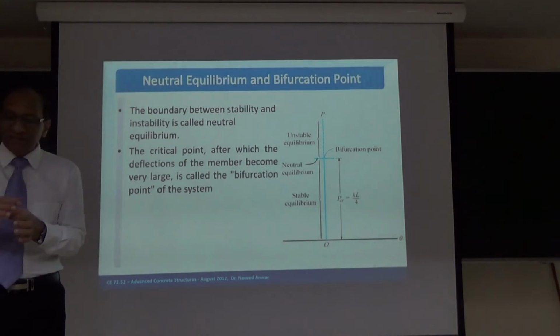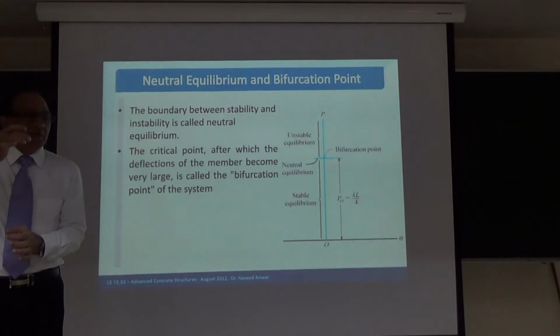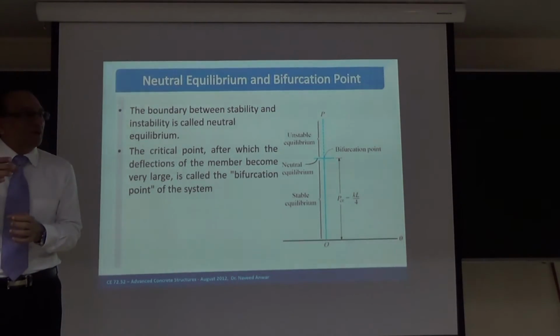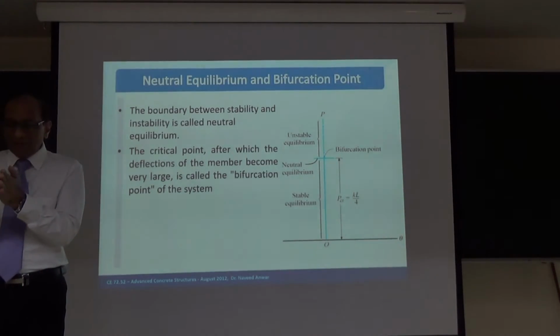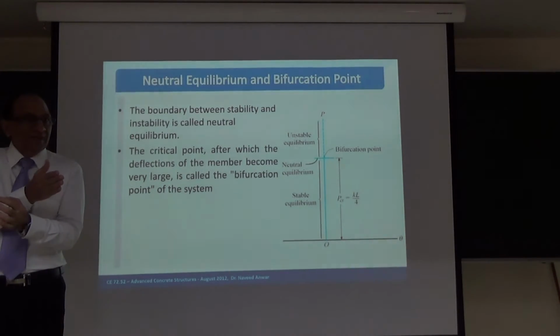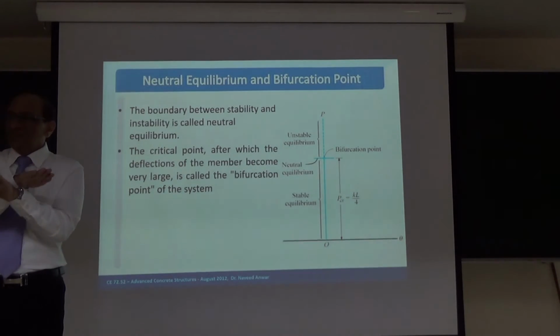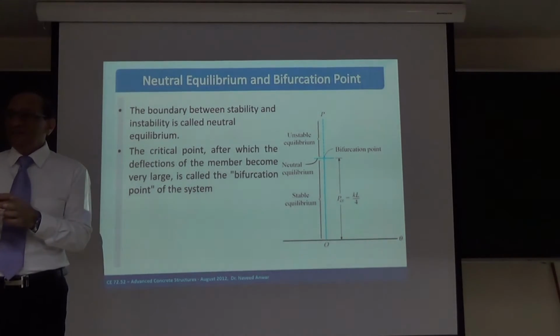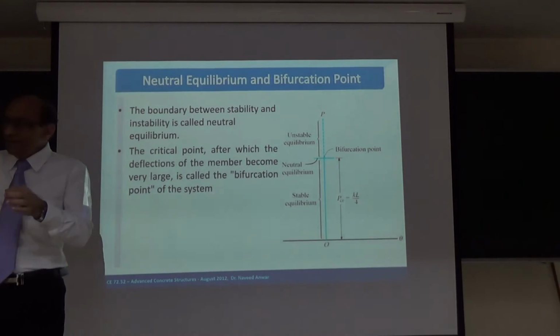Actually, the interesting thing is that for a circular column, we don't know which direction the buckling will happen, because the stiffness is the same in all directions. For a rectangular section, we know it will happen in the weaker direction first, but we don't know left or right, right? So deflection can be negative or positive. But for a circular column, we have no idea where the deflection will happen. So deflection can happen in any of the directions.